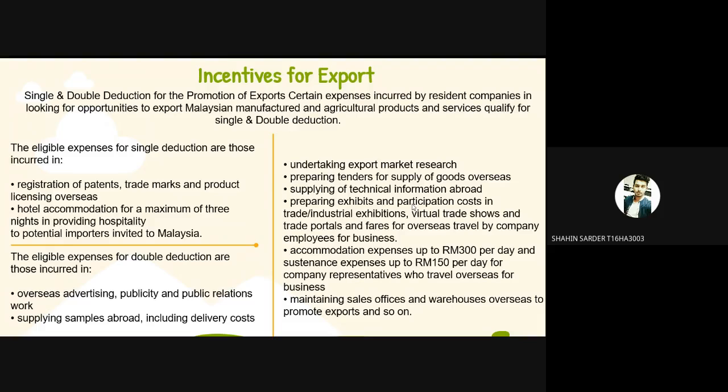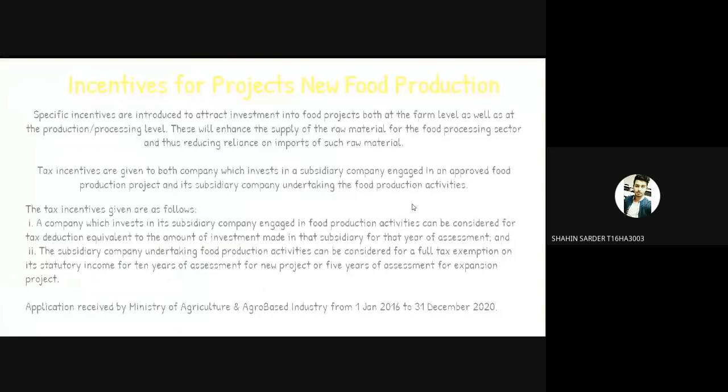But the thing here, the single and double deduction for promotion of export: certain expenses incurred by resident companies in looking for opportunity to export Malaysia manufactured and agriculture products and also services qualify for single and double deduction. As Aishi already explained this part, I think no need to explain again. Okay, doctor. So I pass to the next presenter.